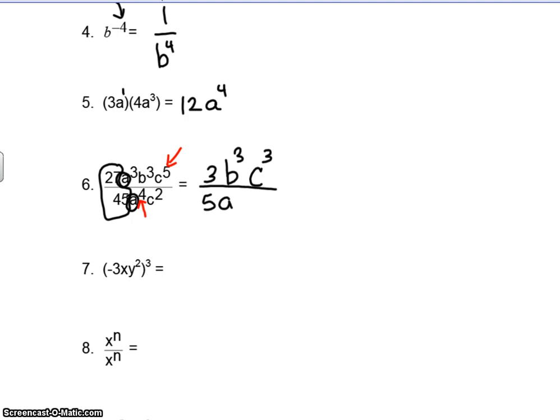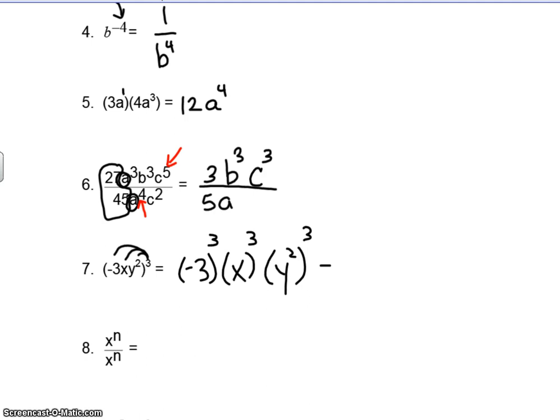All right, on number 7, our exponent is 3, so we're going to use the 3 on every number inside the parentheses. Negative 3 cubed, x cubed, and y squared cubed.